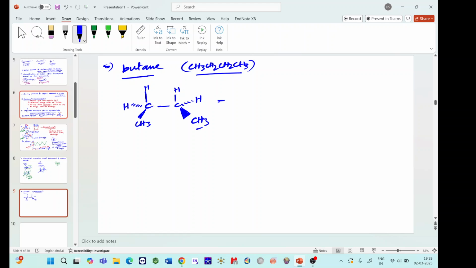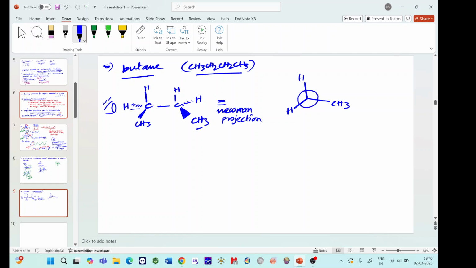That's how we represent this same structure. If you convert to Newman projection, what will it be like? So you have CH3. Just try to see from here. CH3 will be on the right side, and on the top and left side you have protons.